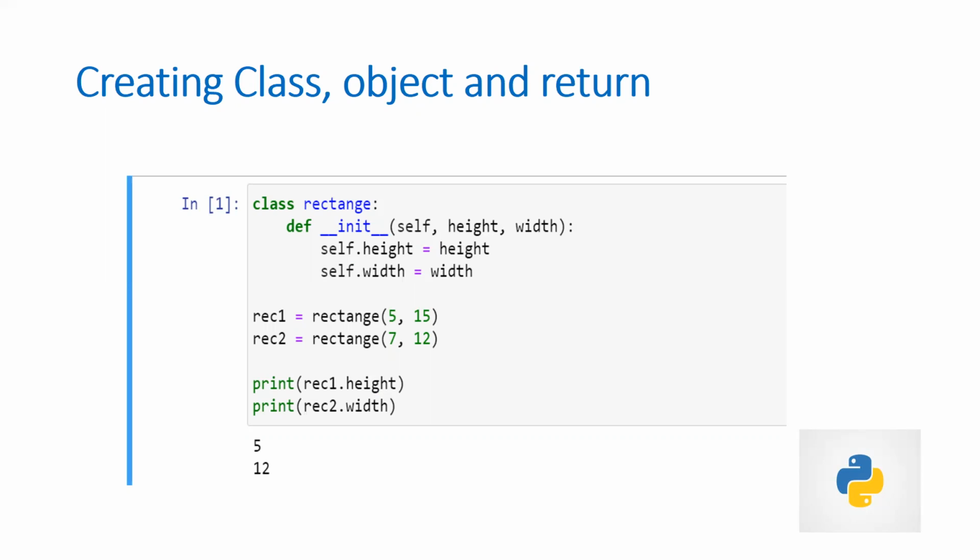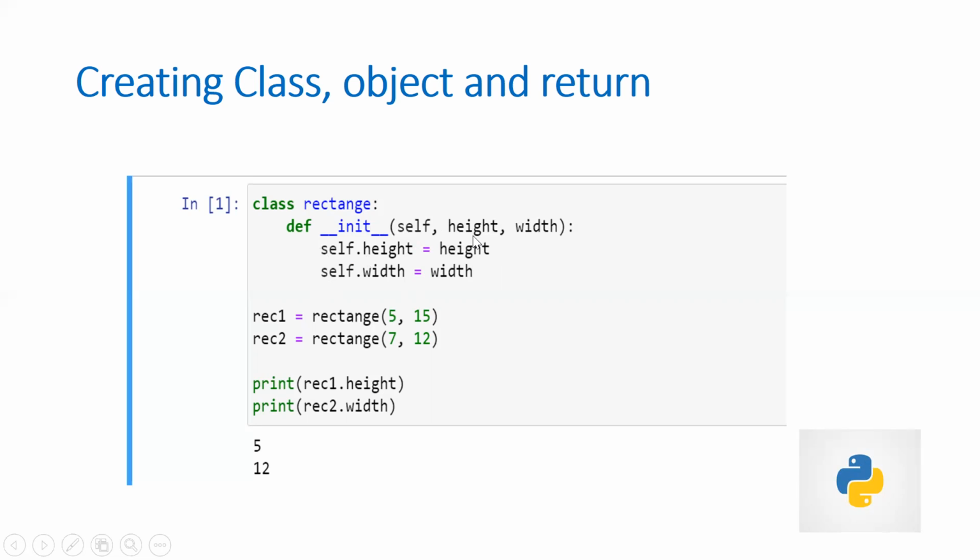So inside the class we have written a function, that means a method, which is a constructor, a default constructor, the init constructor. The function of this init method is to create a template of that object inside the class. Here self is just there by default; it has no other function, it is just a convention.